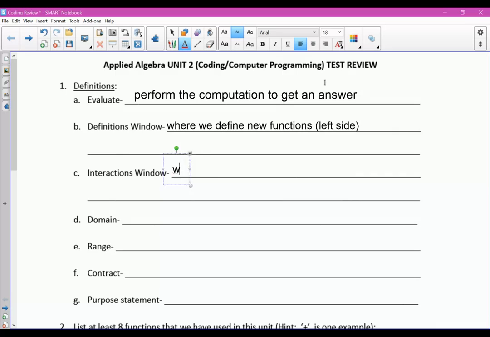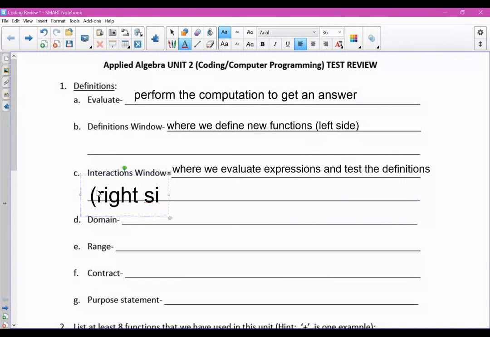So where we evaluate expressions and test the definitions. And that is on the right side of the screen.